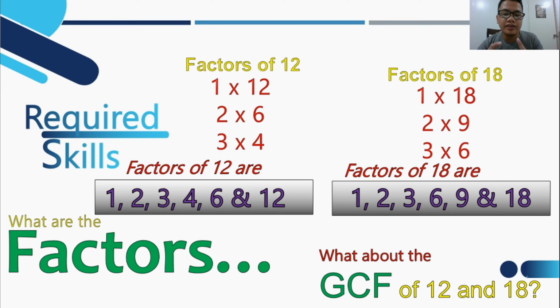We also need multiplication, because our lesson is about multiplying numbers. But I'd like to emphasize the use of the operation symbol. It's no longer the X, but we will be using the dot and the parentheses, the open and close parentheses.